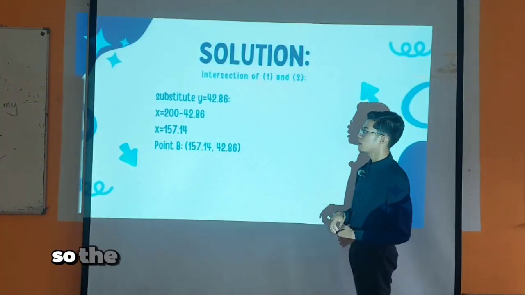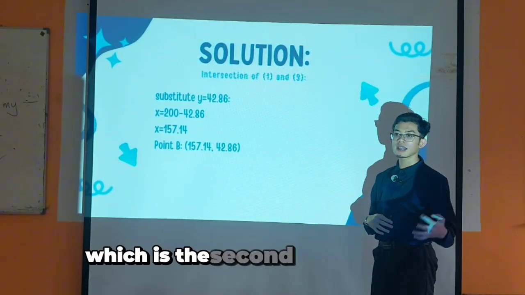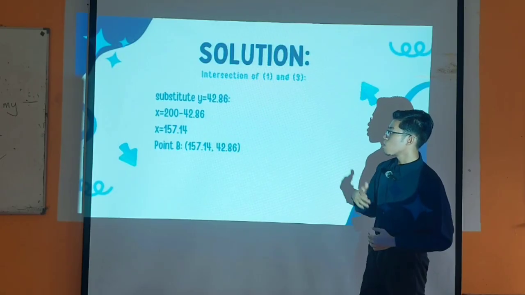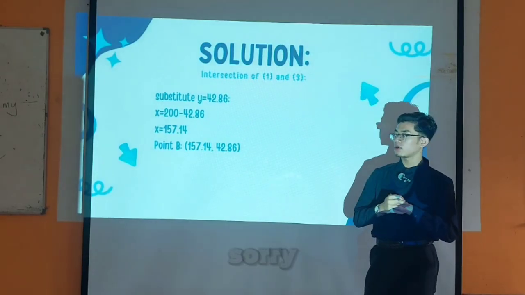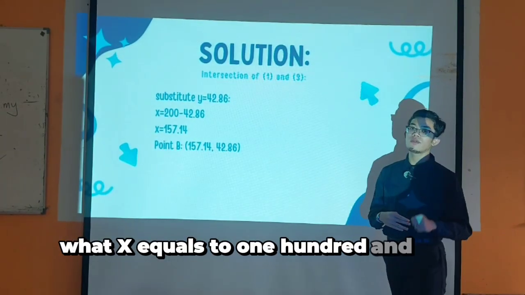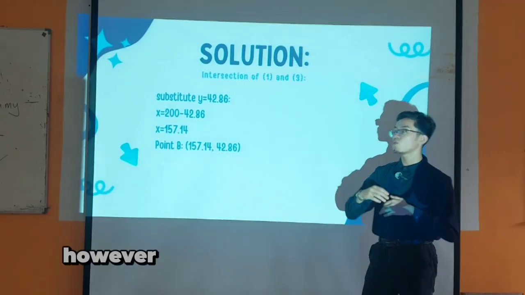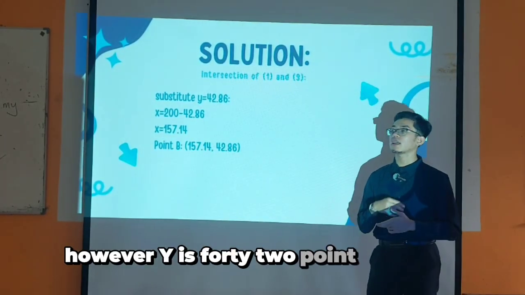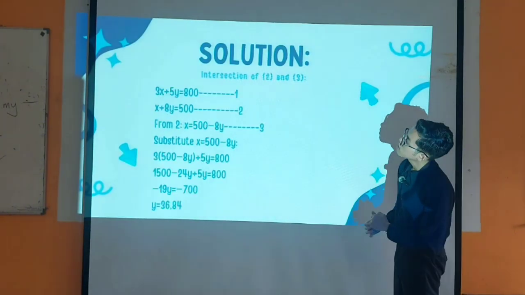So for point B, the second intersection, x equals 157.14 and y is 42.86. Okay, let's move to the third solution.